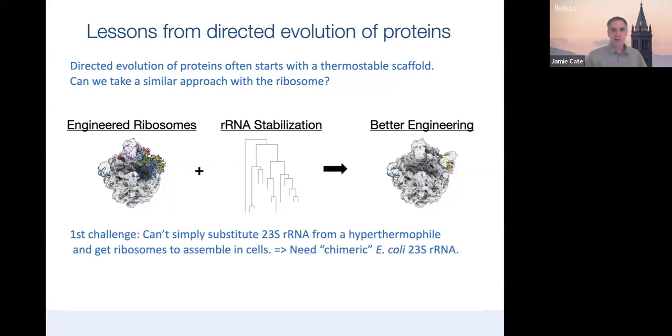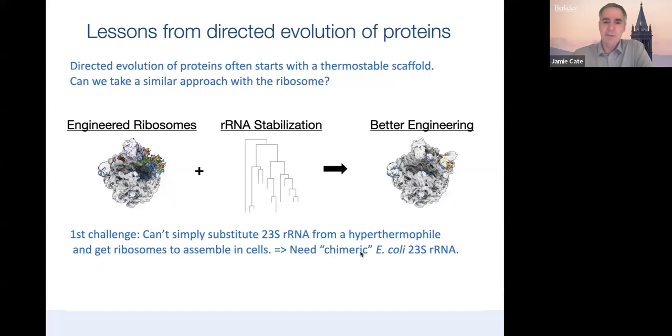The challenge is we can't simply substitute the RNA part, the 23S RNA, from a hyperthermophilic bacterium that grows at 80 degrees Celsius, and put that into, say, E. coli. This is the bacterium that we often use in synthetic biology, and it grows at 37 degrees.